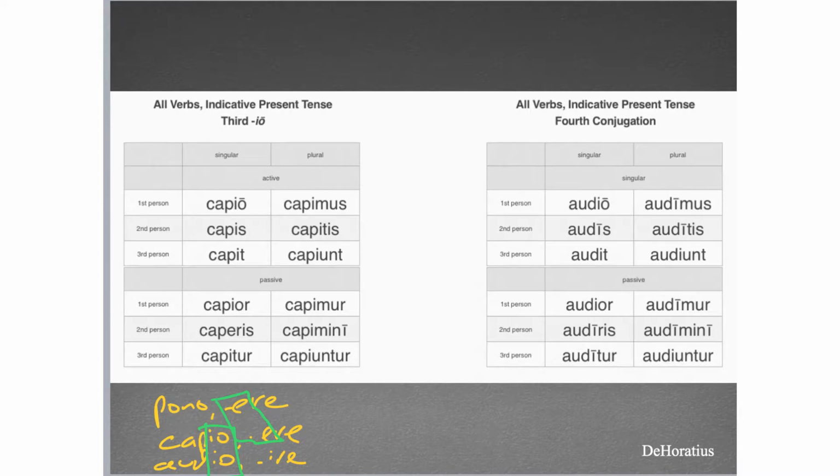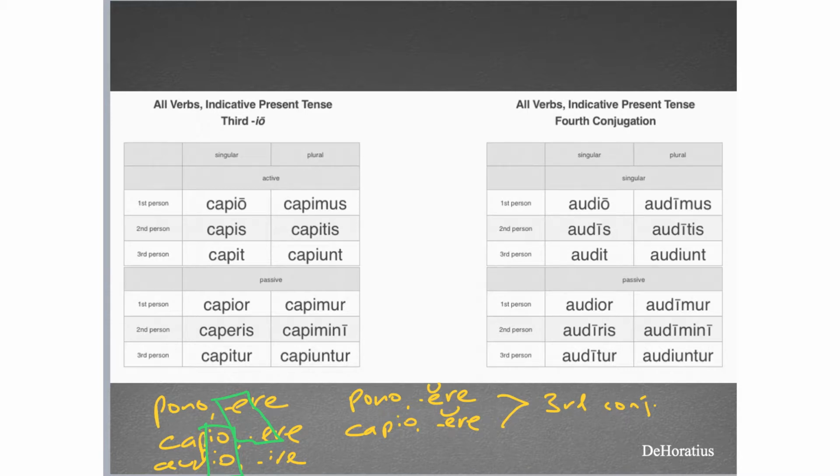And so remember that conjugation is defined by the second principal part. And so by that definition, both pono and capio are third conjugation, because they have that short ERE. And I'll address the ERE situation in a sec, meaning the overlap with the second conjugation.